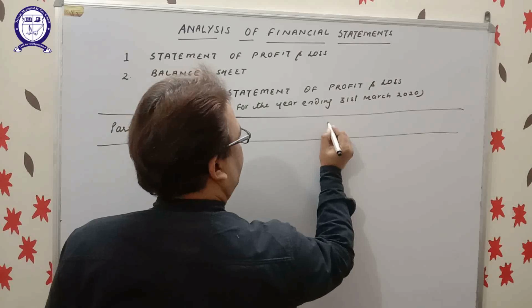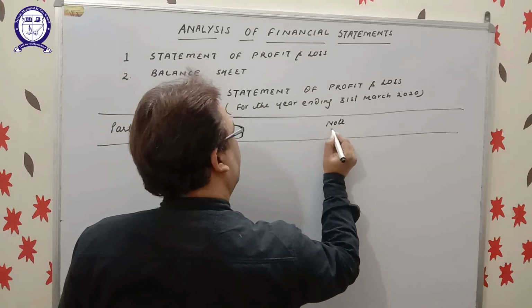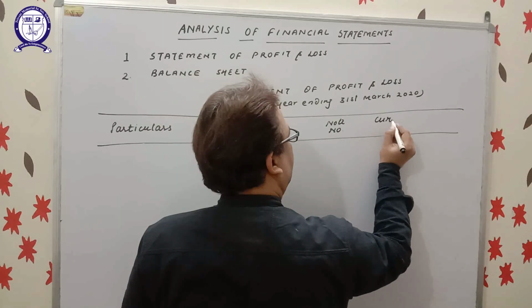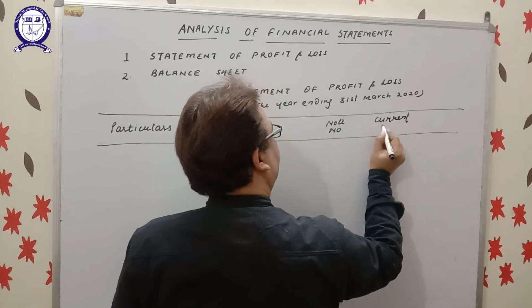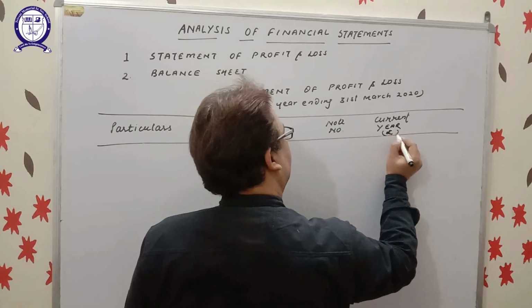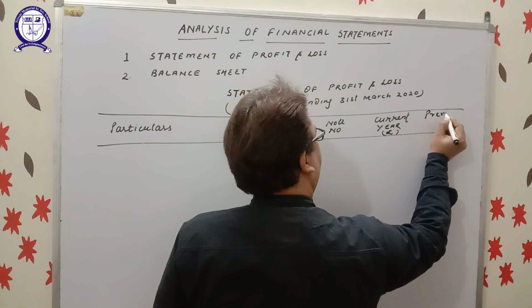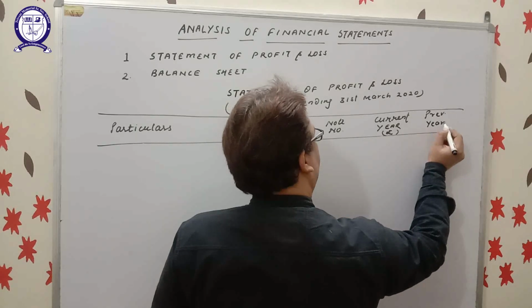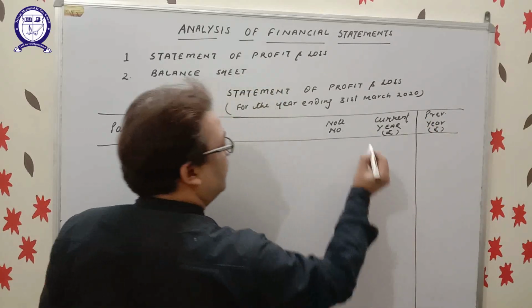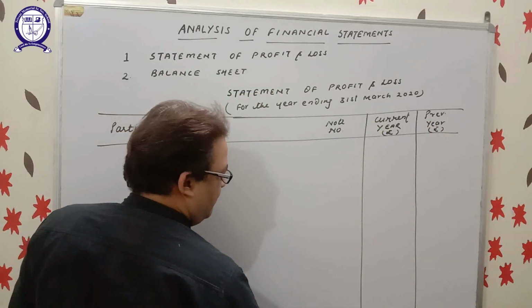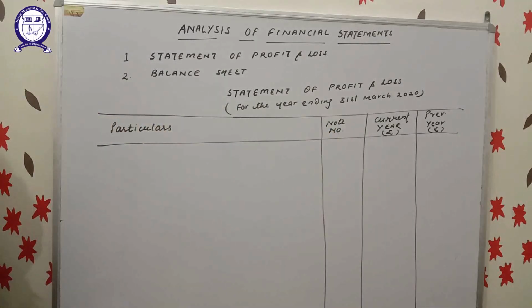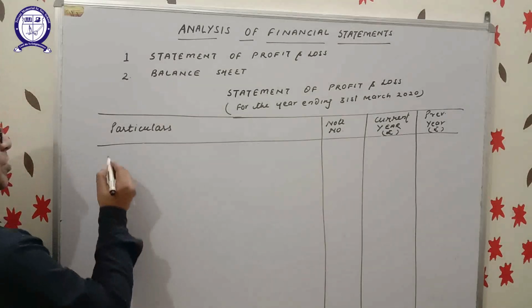Particulars, note number, current year figure, previous year figure. So this is the format for the statement of profit and loss.